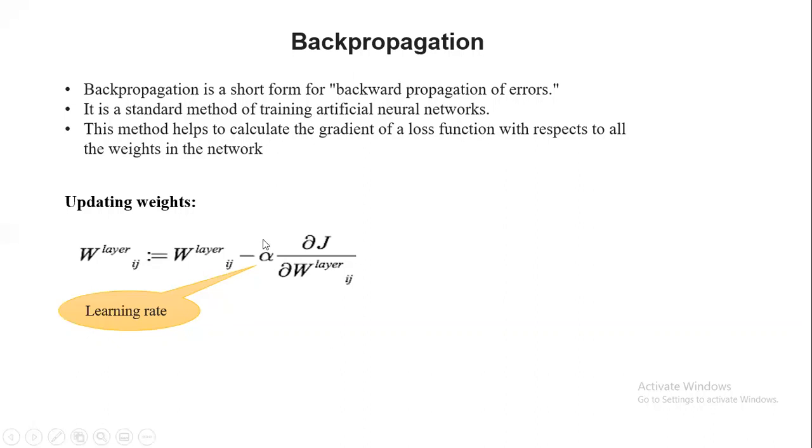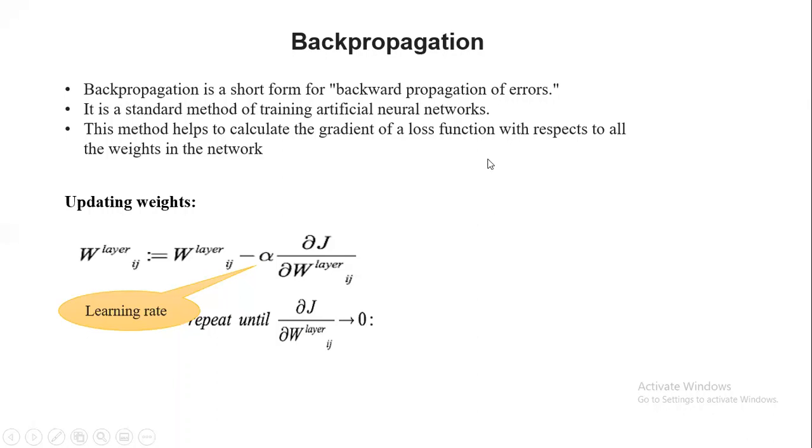So here alpha decides how much magnitude to take from this equation of del J by del W. This is the learning rate, and it will be updated till this gradient goes to 0. The gradient is like the slope of a function with respect to this variable.